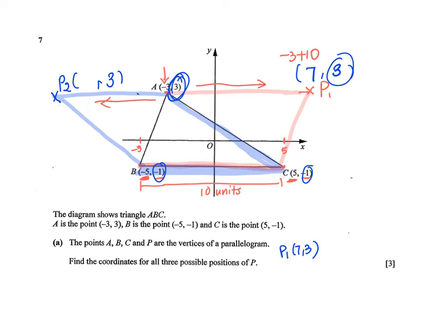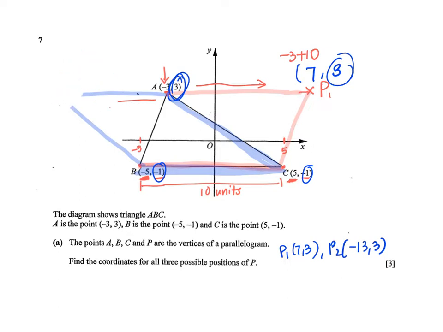Instead of adding 10 units, I shall subtract 10 units. So negative 3 minus 10 will give me negative 13. So this will be a parallelogram. The second point P can be (-13, 3). Now these are the 2 possible ones using this side as the parallel sides.